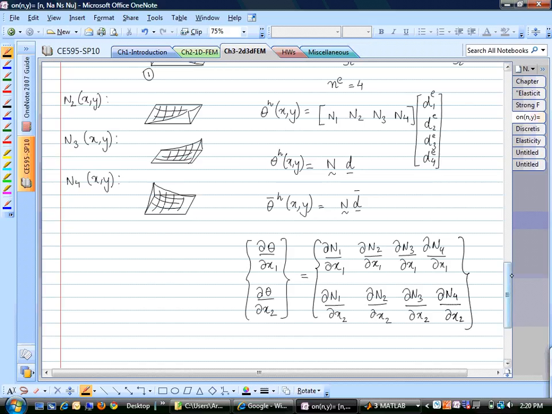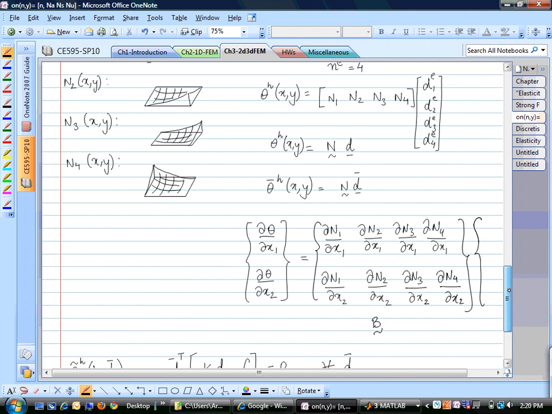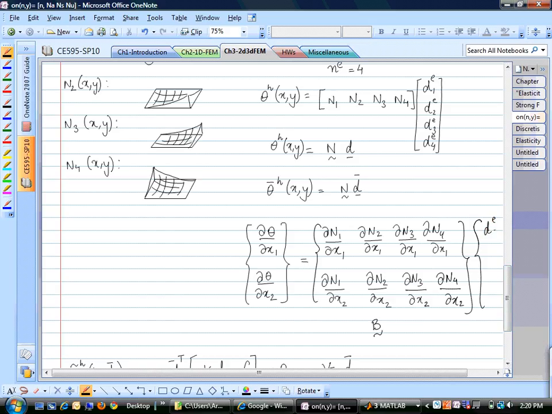We are going to call this matrix B. And on the right hand side, we will still have the same vector of unknowns, d1, d2, d3, d4.